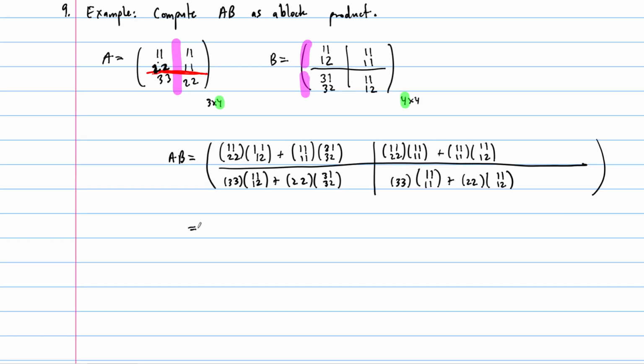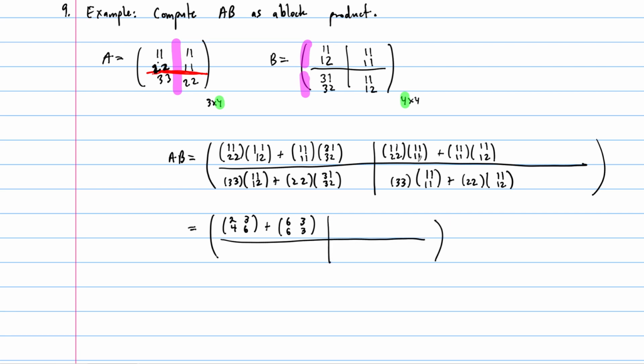And now we just work these out. I'll do it in steps. This one's going to be the matrix 2, 3, 4, 6. This one's going to be 6, 3, 6, 3. Then we'll add those up.